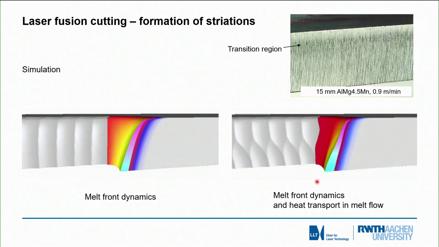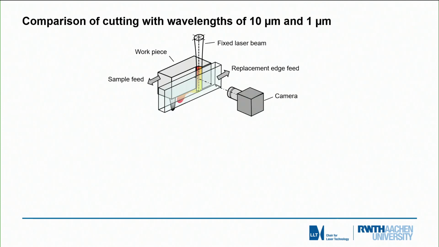So we get a mix of these forces which result in, as we call it, striations of first and second kind. And that's again what you see very nicely in this real cut up here. Here are the first order striations and here are the striations of the second kind. As a matter of fact, there are also striations of a third kind.